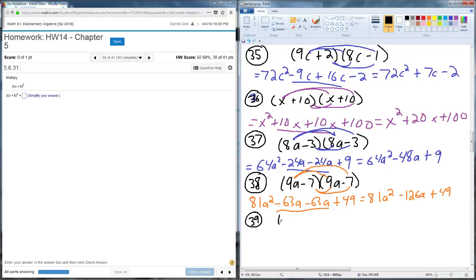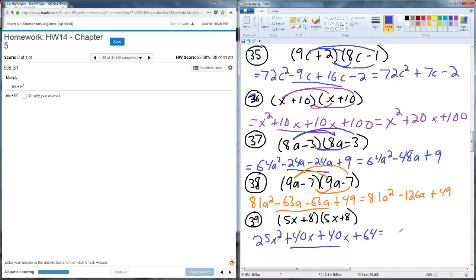Freshman's dream again. Holy moly. 5x plus 8 times 5x plus 8. Alright, we'll do this one in blue. 5x times 5x is 25x squared. 5x times 8 is 40x. And 8 times 5x is 40x. And 8 times 8 is 64.